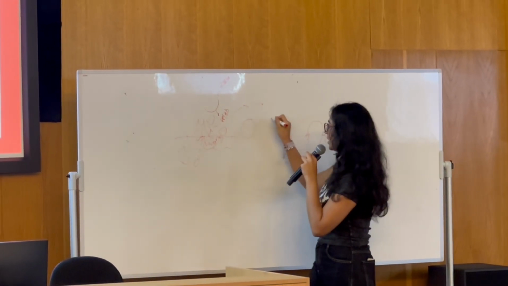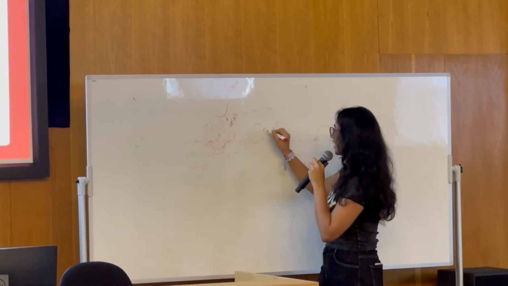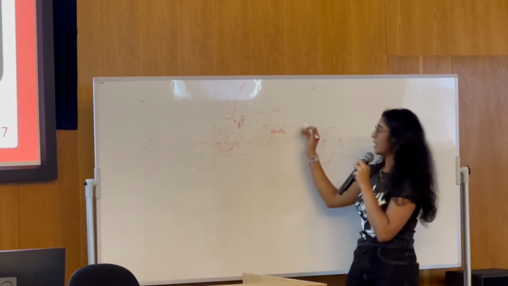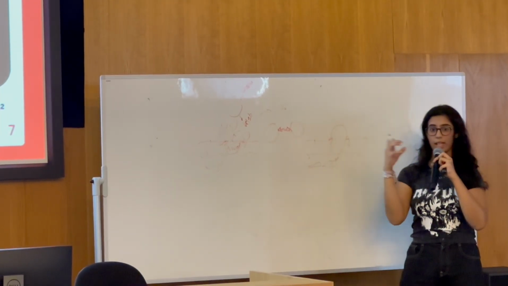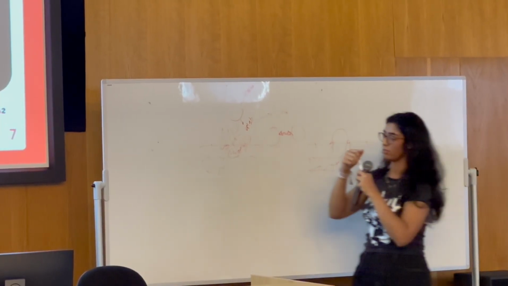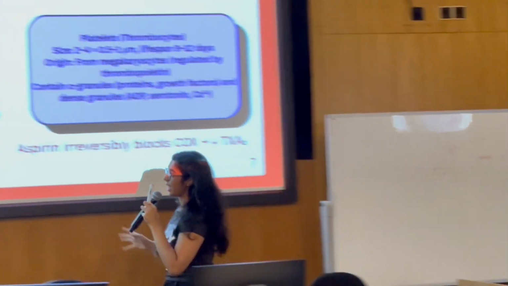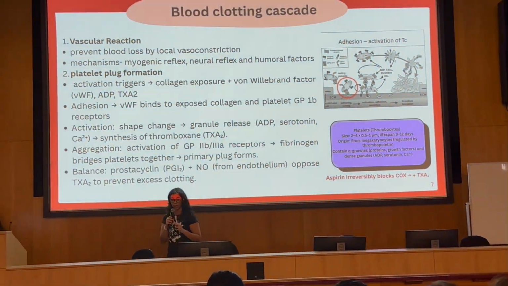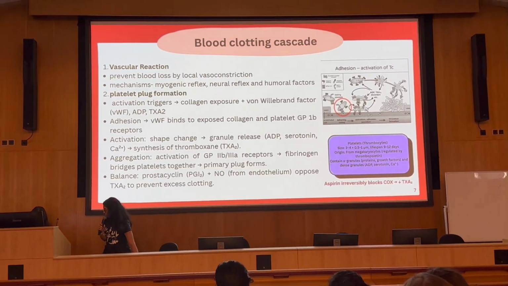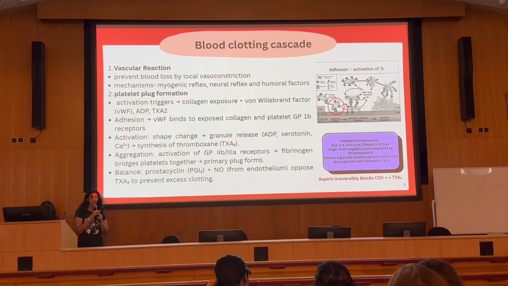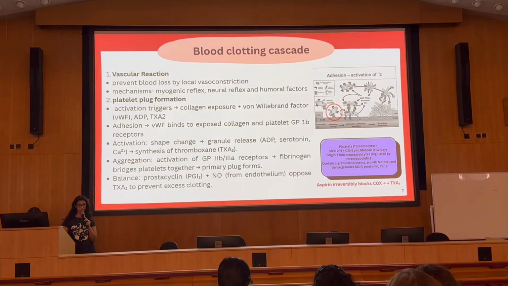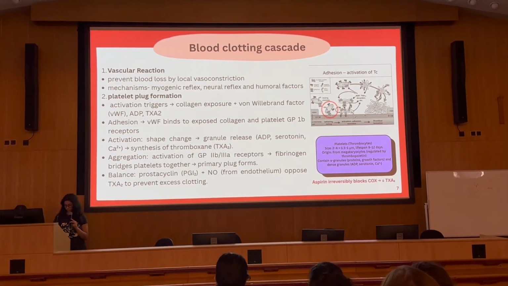So this is one platelet, this is one platelet, like this, and together they combine and are held together, and that's your aggregation. So that is basically your primary platelet plug formation, and too much clotting, like I said, can cause thrombosis.